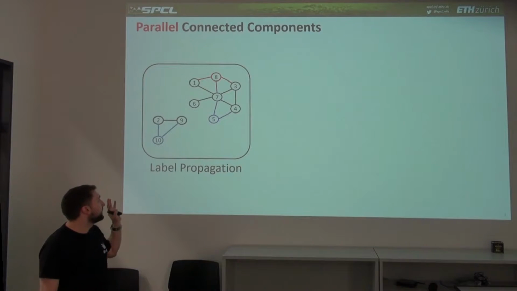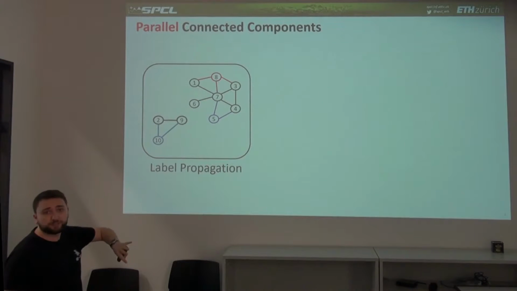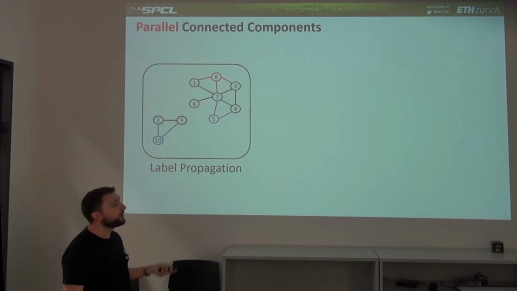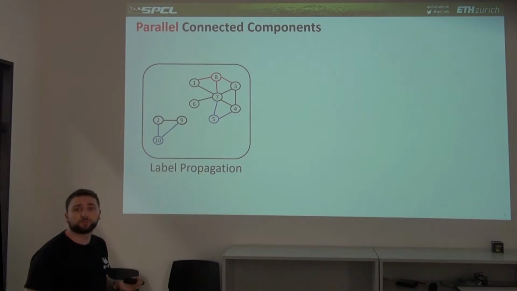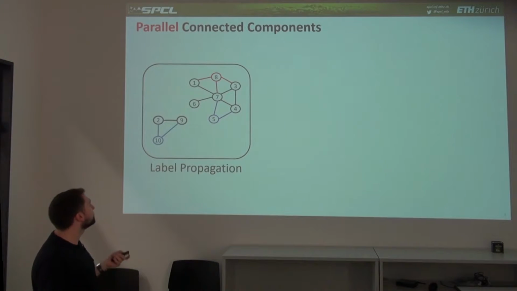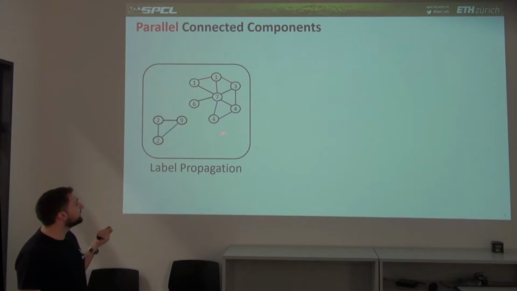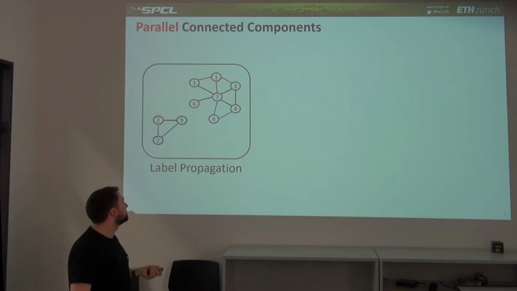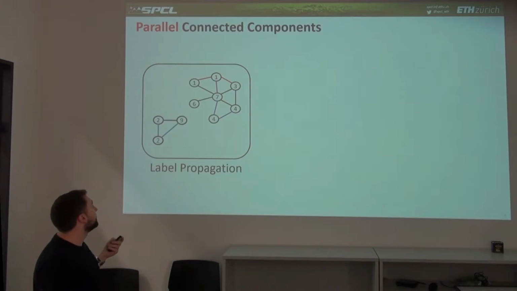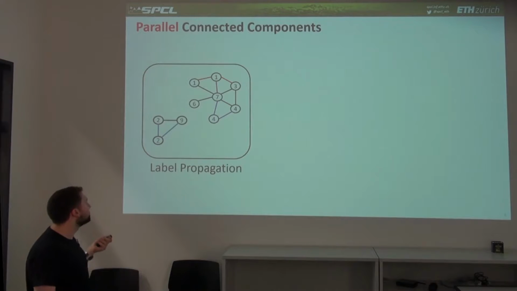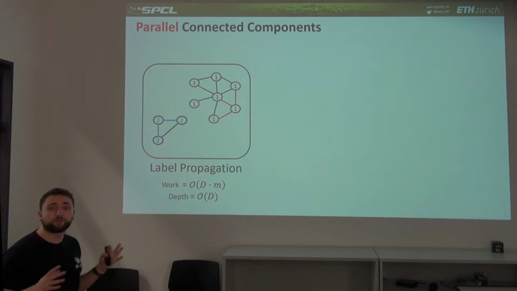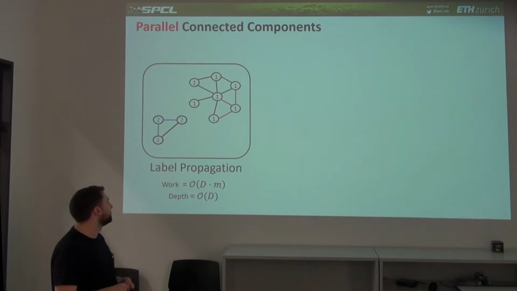Each vertex looks at its neighbors and applies a conflict resolution rule, for instance, finding the minimum value, and sets itself to the value of this resolved conflict. What happens here is that we propagate the lowest label, and we proceed doing that until the graph converges and the labels don't change anymore.